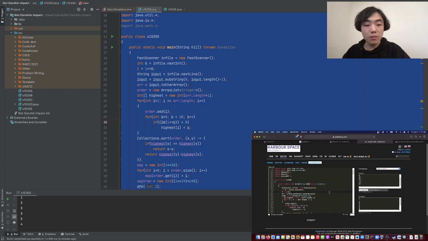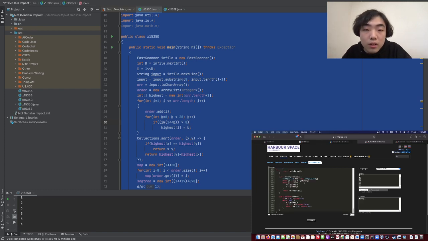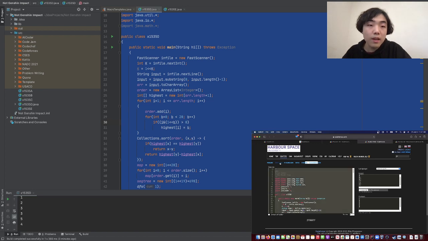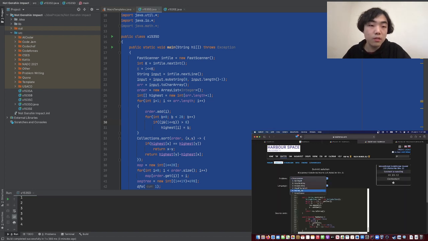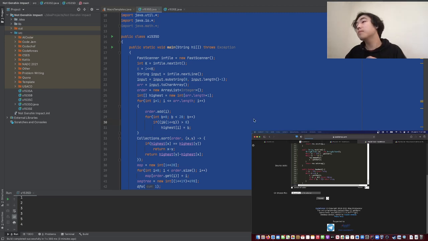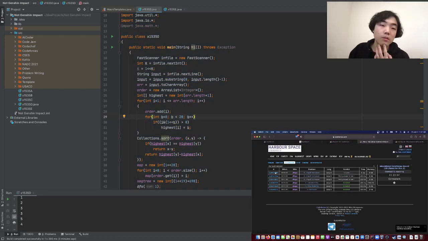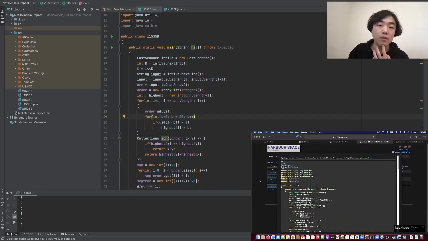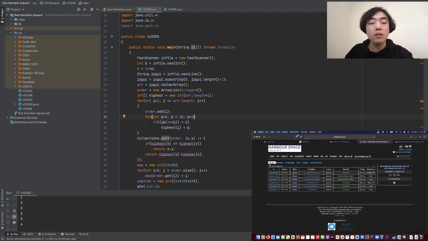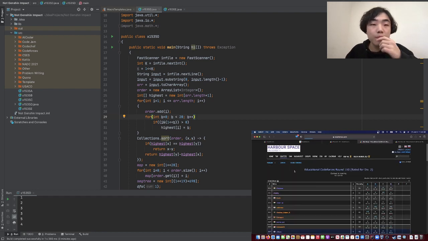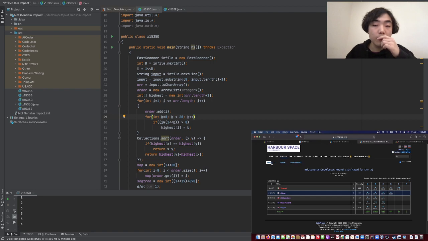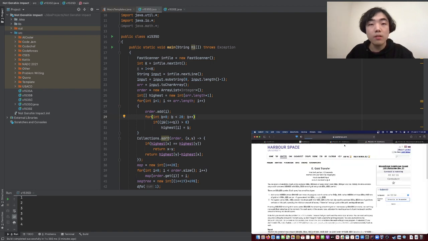Does this make it work now? Okay, that looks fine. Yeah, I might just need to fix that template. Okay, we got D. That took way too long. That definitely took way too long.